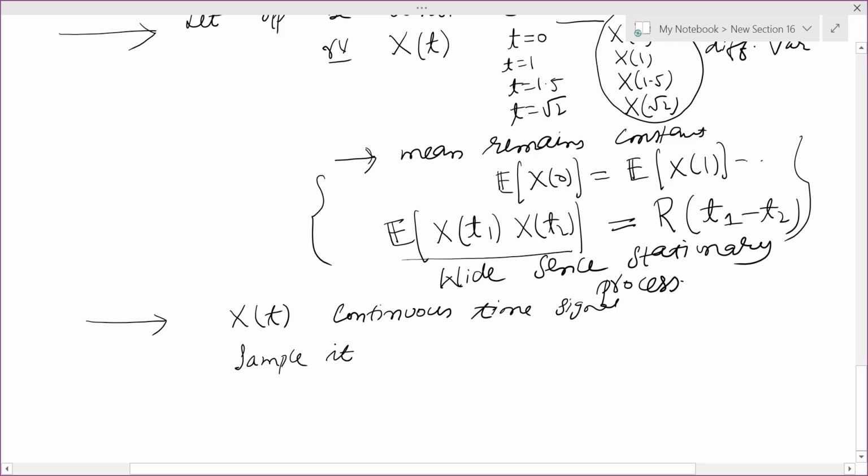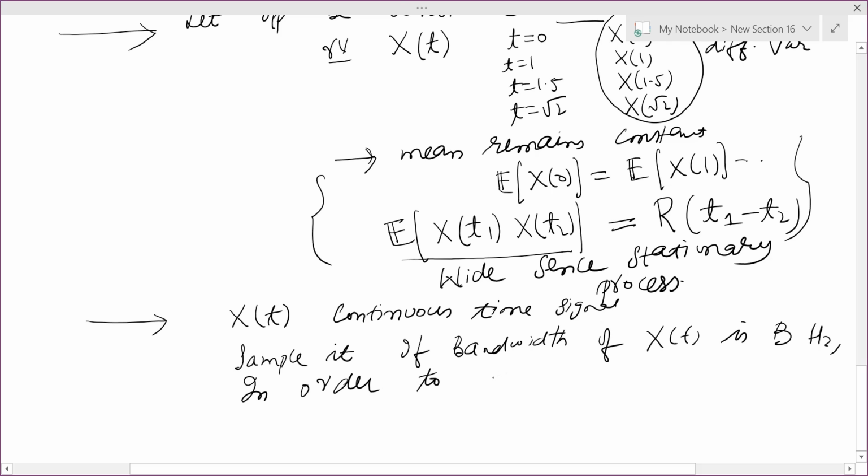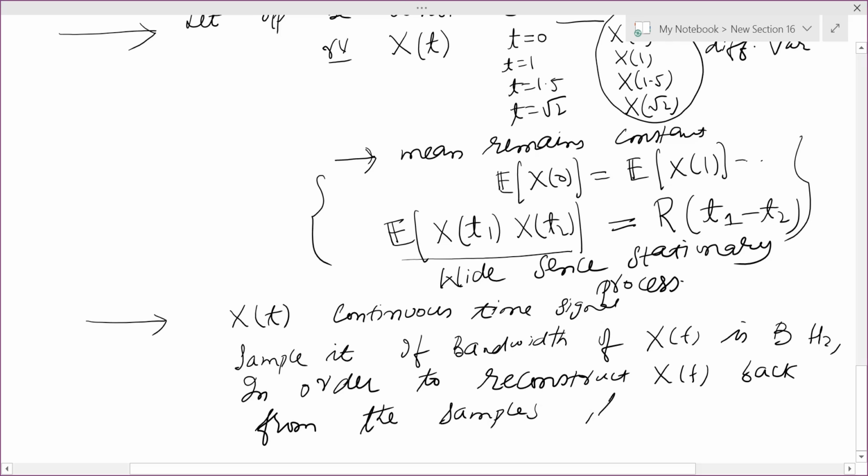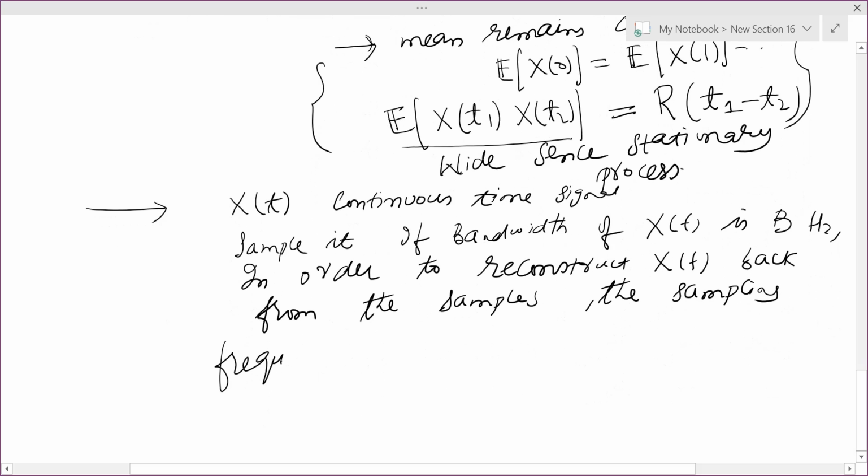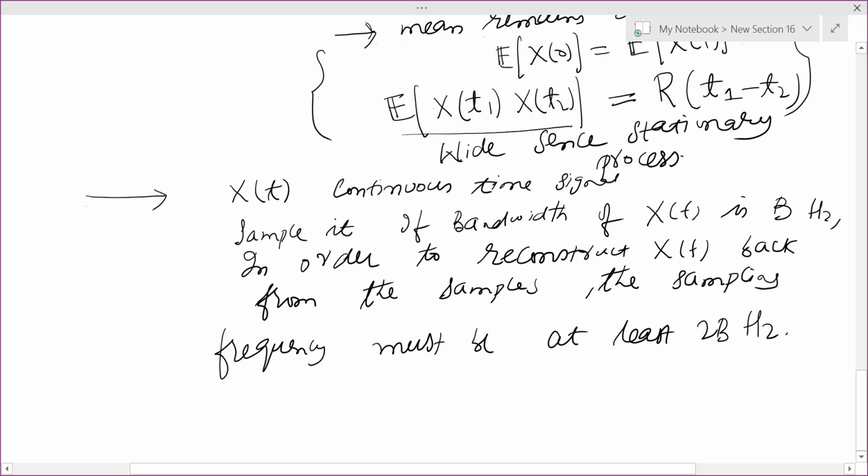And there is an important condition about sampling, which says that if the bandwidth of x of t is B hertz, then in order to reconstruct x of t back from the samples, the sampling frequency must be at least 2B hertz.